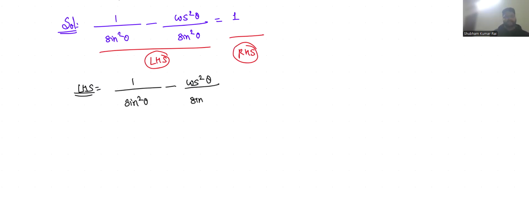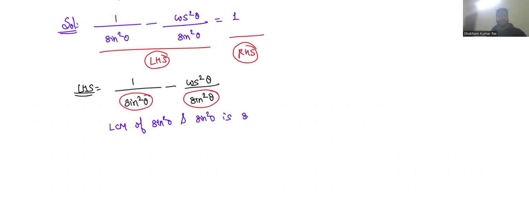Here we have sine square theta in both, so we need to take the LCM. The LCM of sine square theta and sine square theta is always sine square theta. Whenever we have the same thing, like if I take the LCM of 2 and 2, it will be 2 only. Same with this as well. No worries, do not take tension about how it can be done. So here we will get sine square theta only.